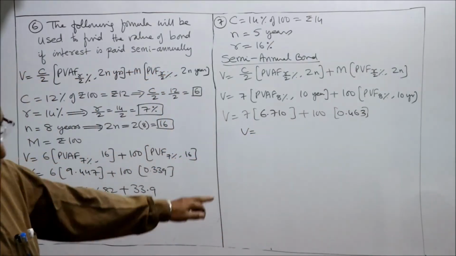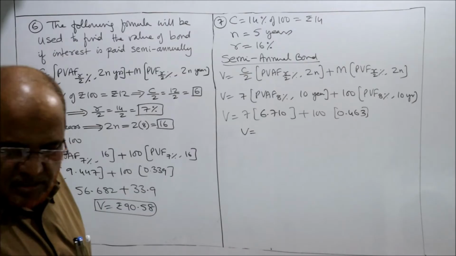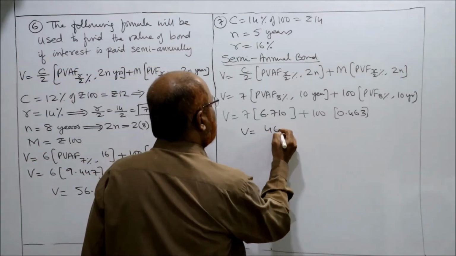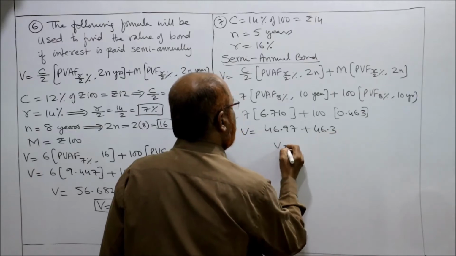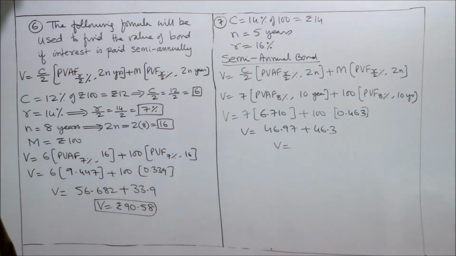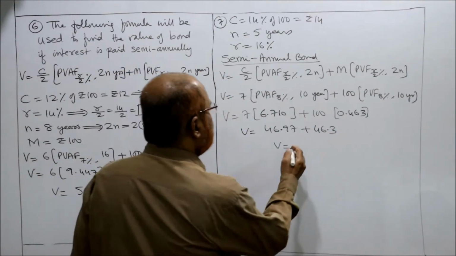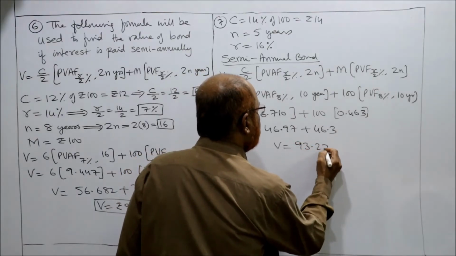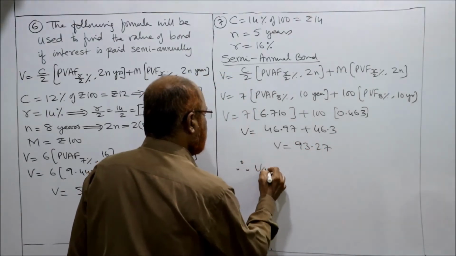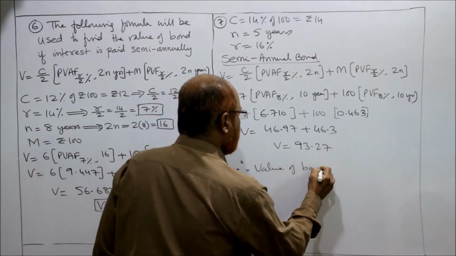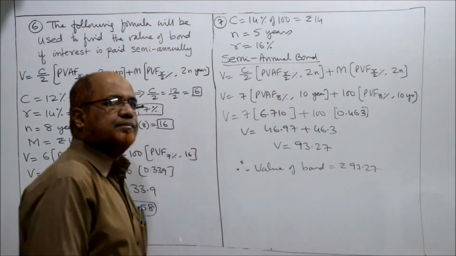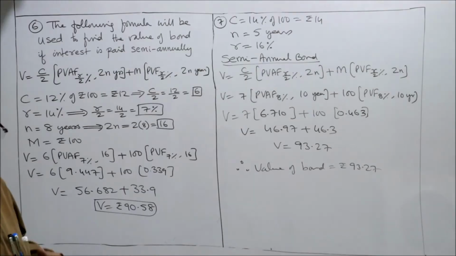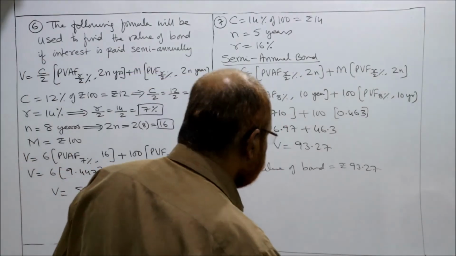Seven into 6.710, 46.97, plus 46.3, 93.27. That's it. Exactly same procedure.